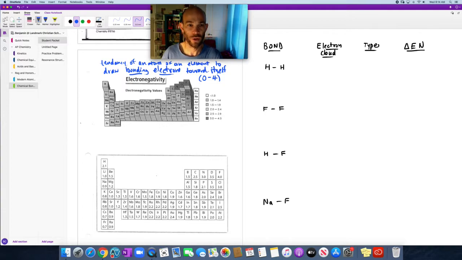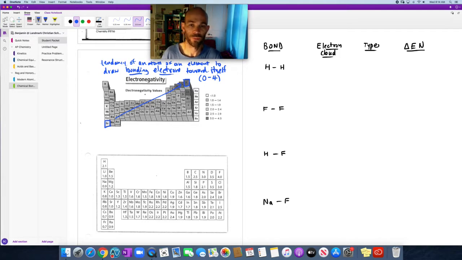And so you'll notice that fluorine is the most electronegative element on the periodic table. And you'll also notice that francium is the least electronegative element on the periodic table. And in general, as you move across the periodic table from the bottom left to the top right, you're going to get more and more electronegative.